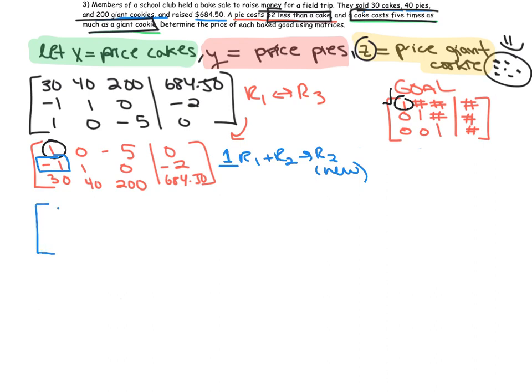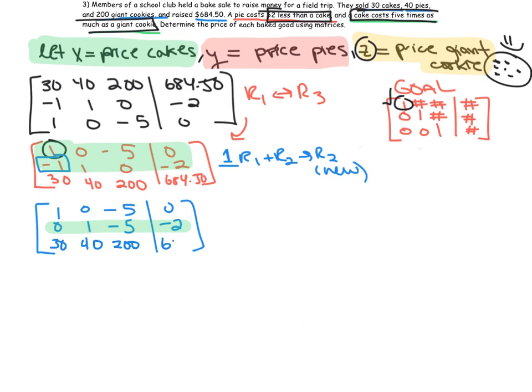So nothing changes with the first row. And now I'll have 0, 1, negative 5, and negative 2. All I did was combine these 2 rows here to get our new second row. And nothing changes about the third row, so we just leave it.